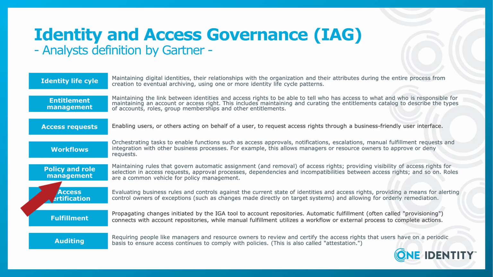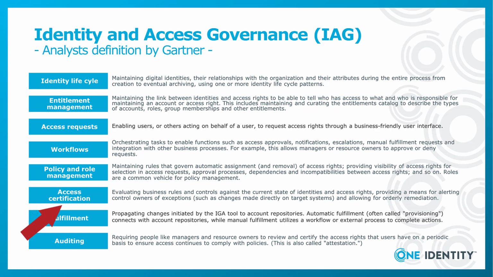Policy and role management covers the complete compliance part of an identity and access governance system. Meant here is something like a rule base where segregation of duty rules can be created, or a role set which could be used to assign business resources easily to people.